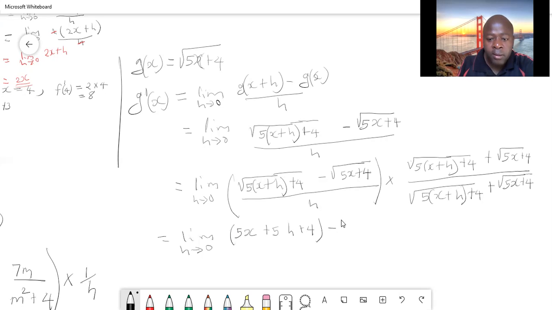Then minus, multiplying this part and this part gives us what is inside the root, and that is 5x plus 4.